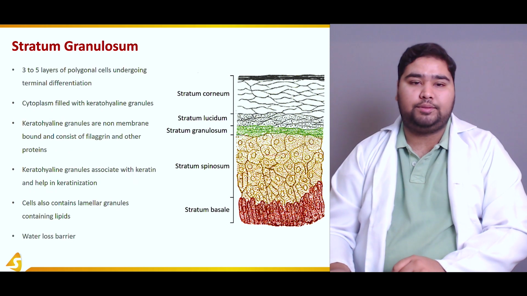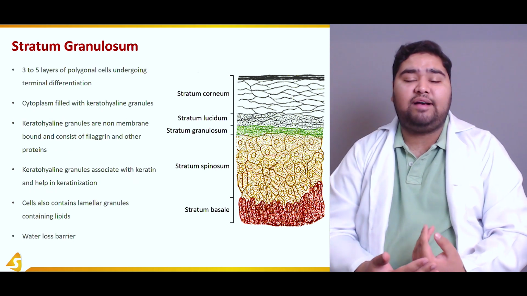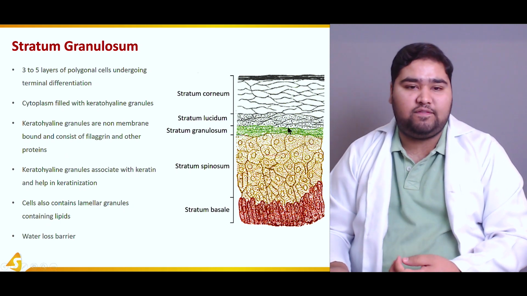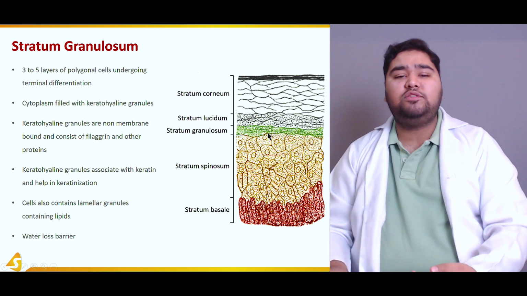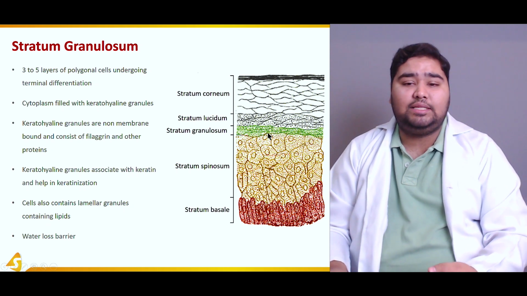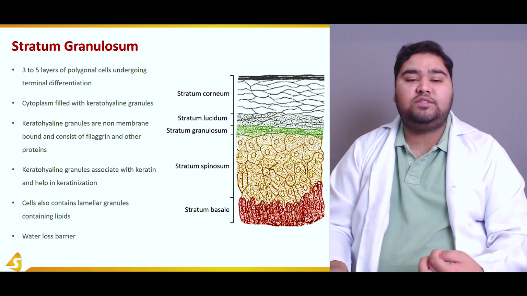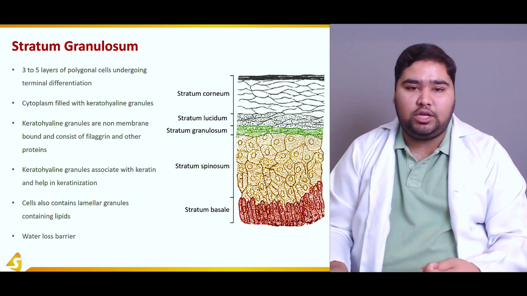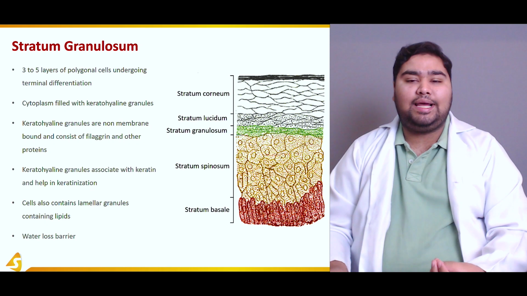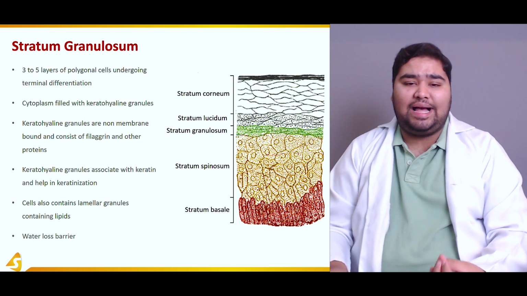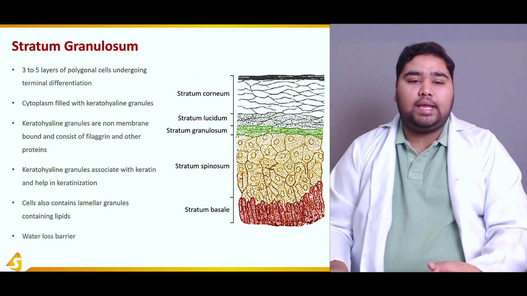Point to be remembered. Moving on, we have the next layer, which is stratum granulosum, the green layer in the figure. It consists of 3 to 5 layers of polygonal cells which are undergoing terminal differentiation. This cytoplasm is filled with keratohyaline granules. These keratohyaline granules are non-membrane bound and they consist of filaggrin and other proteins.